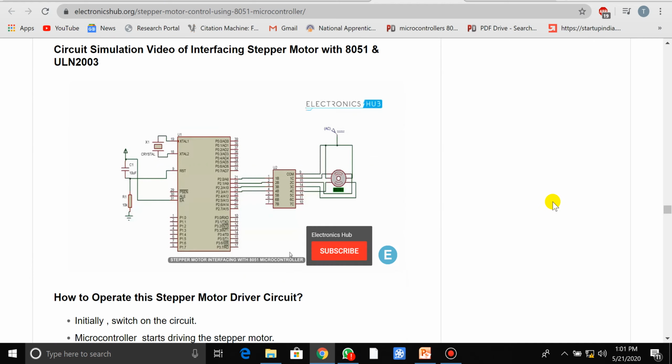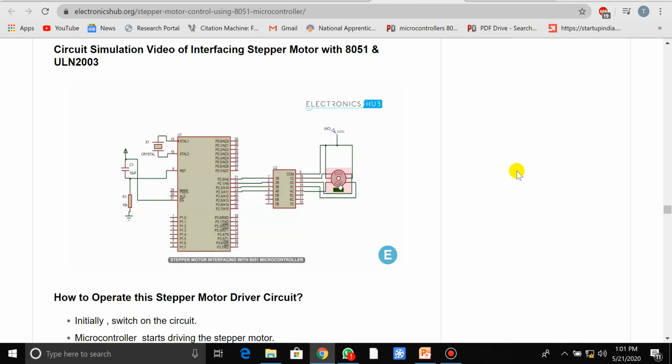You can see this video, how it is going to be done. This is a liquid crystal display. They are using a capacitor with a resistive load of 10 kilo ohm.